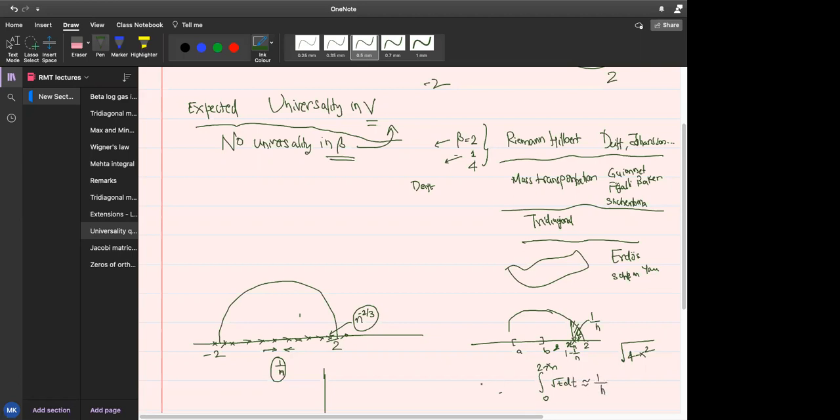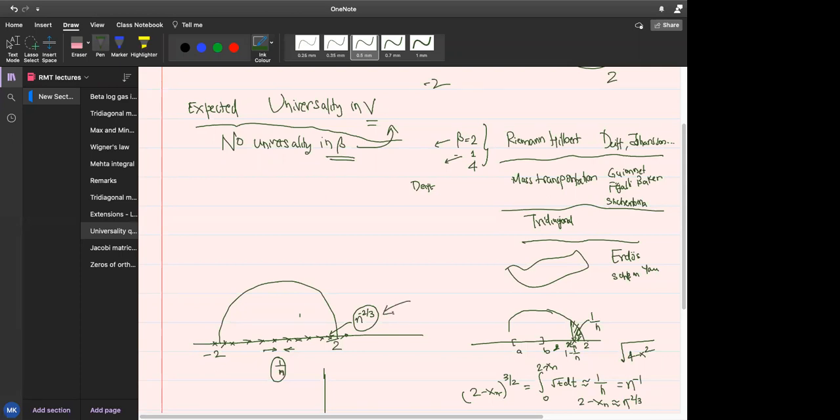But this is just 2 minus xn to the power of 3 halves, which is n to the minus 1. So you expect that 2 minus xn should be like n to the minus 2/3. That is the heuristic for why it should be n to the minus 2/3.